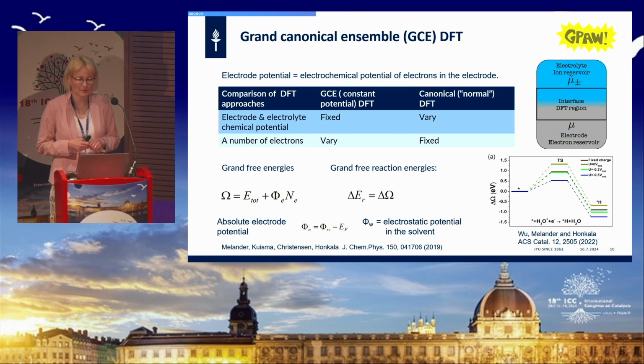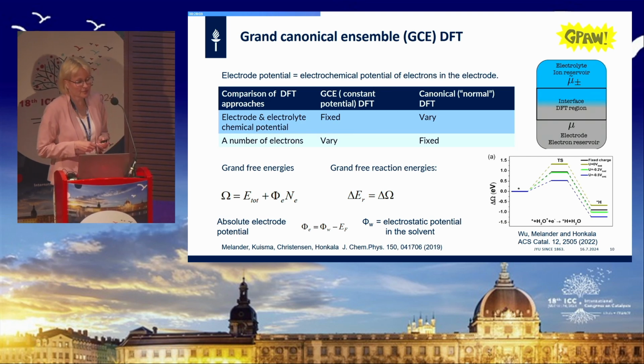So your input parameter is the potential that you're targeting, and then you adjust the number of electrons to meet this potential. In a canonical or normal DFT, it's vice versa. So the electrode potential is varying, as we saw from the example on the previous slide, but the number of electrons is fixed.